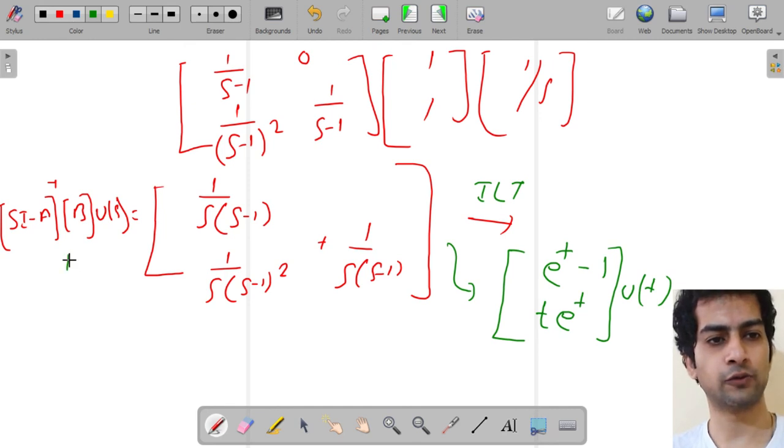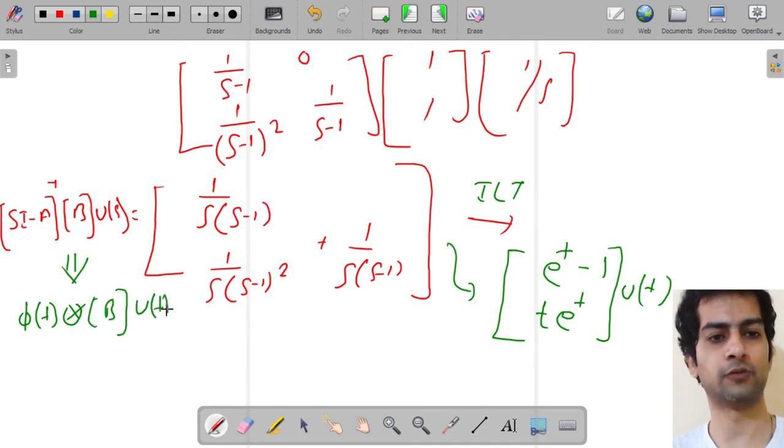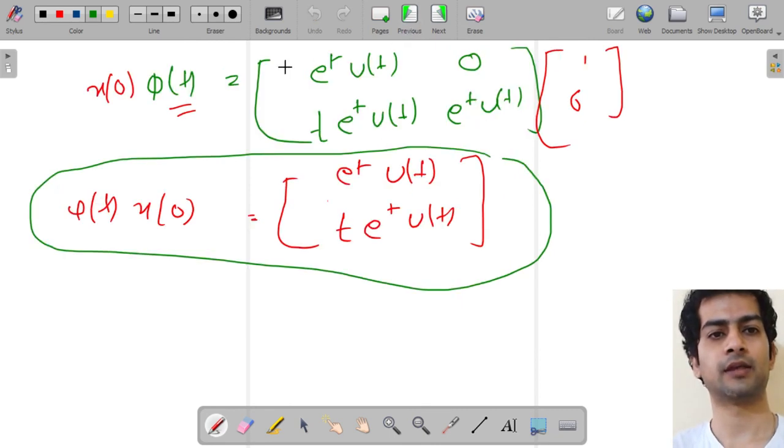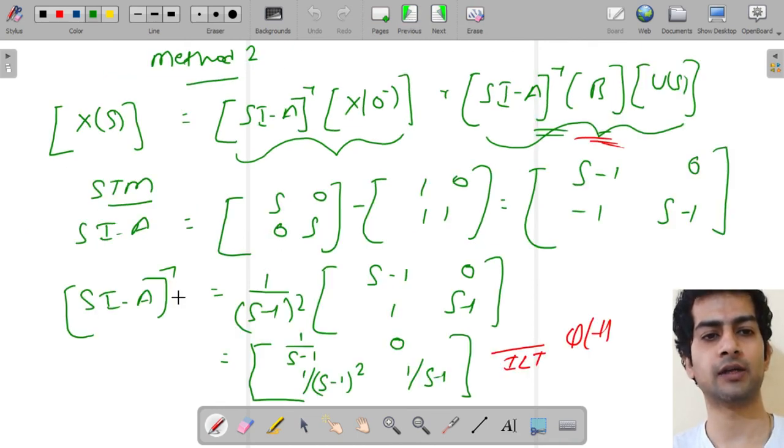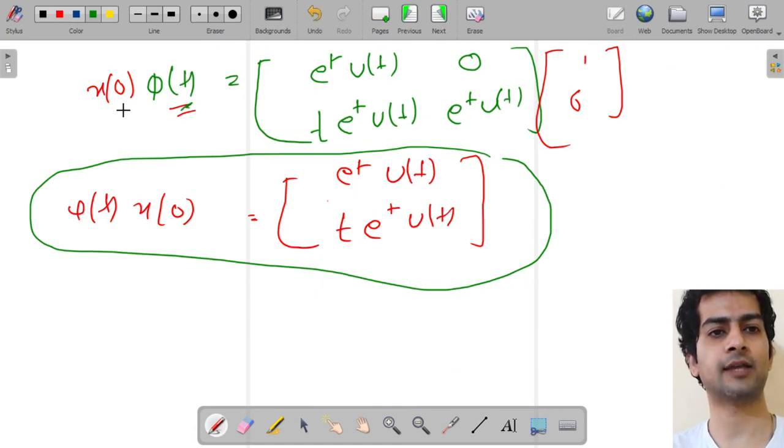See, I told you that if we bring this in time domain, what we will get? We will get phi(t) convolved with matrix B and u(t). So in this, we brought the STM into time domain, and then we multiplied it by this because it was simple.